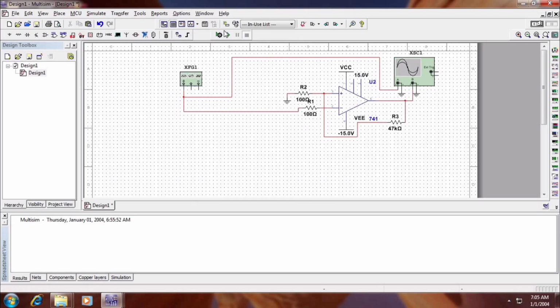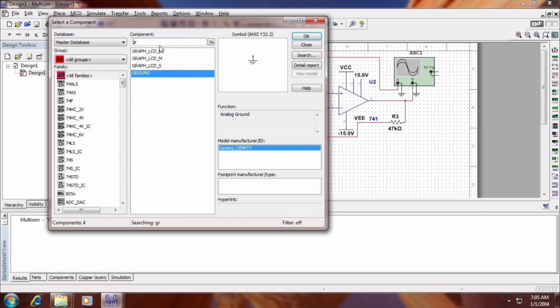So here I require a ground, so I'm just connecting it. Here you should not connect to this point. I have to connect it to the negative.